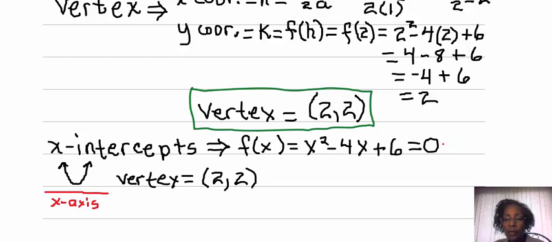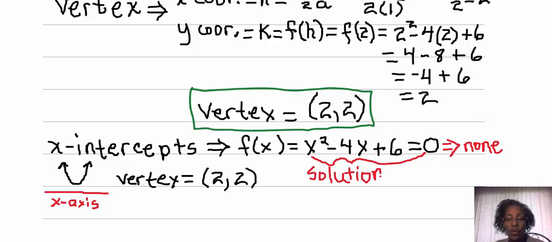So if we take a minute, once we know the vertex and the way the parabola opens, and we think that through, we can save ourselves some work. We aren't going to get any x-intercepts. What this means is, if we would have solved the equation, the function equal to 0, the solutions would have been imaginary numbers.